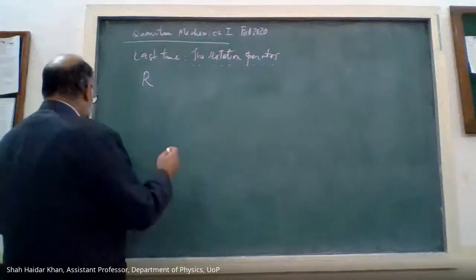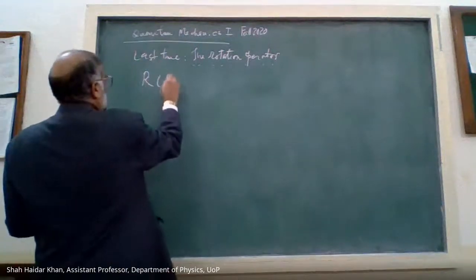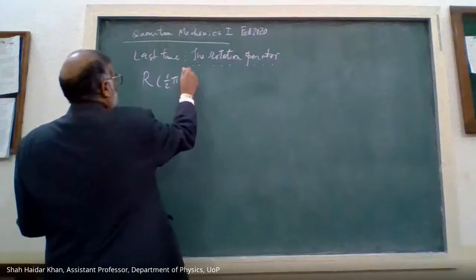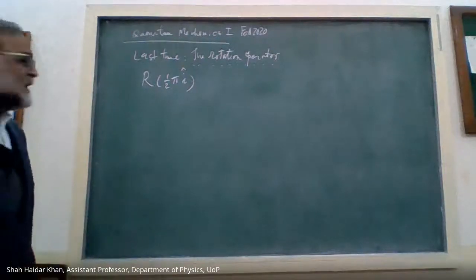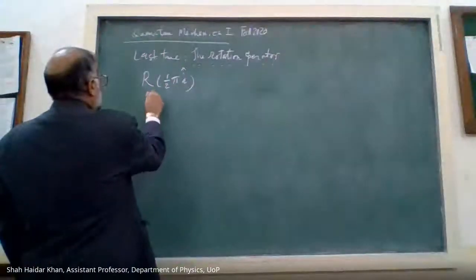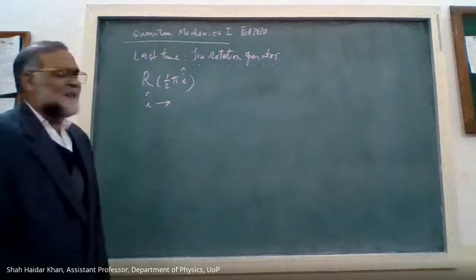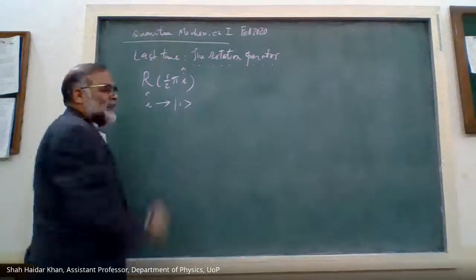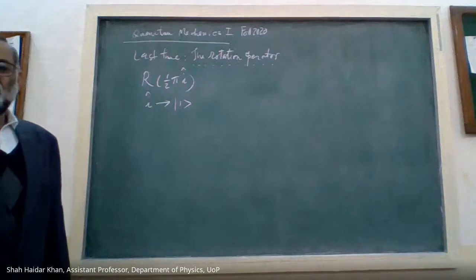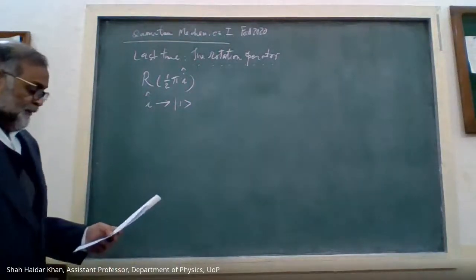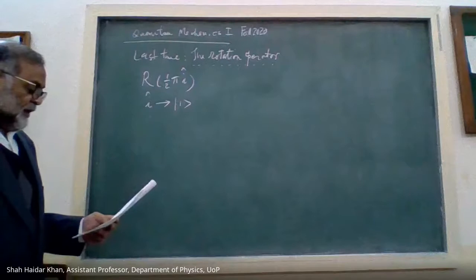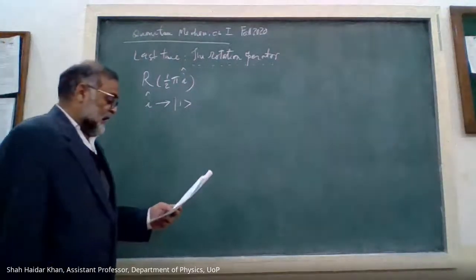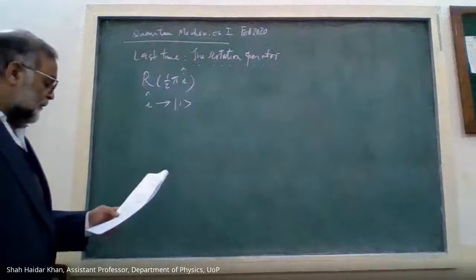Suppose we rotate it by pi over 2 around the unit vector I. And if we represent the unit vector I by k1, I am just trying to connect to the previous situation and resume what we did in the last lecture.